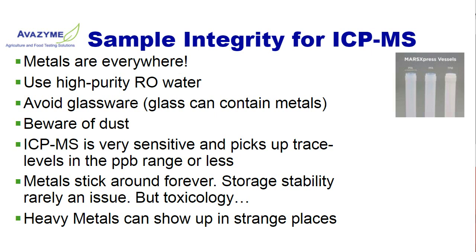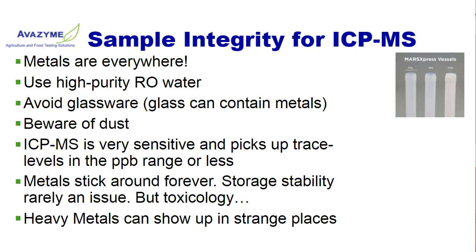We avoid glass. The glassware that a sample may be contained in or transferred to can contain various metals depending upon how it was produced, where it was produced, and what other processes it goes through. So we try to avoid glassware.